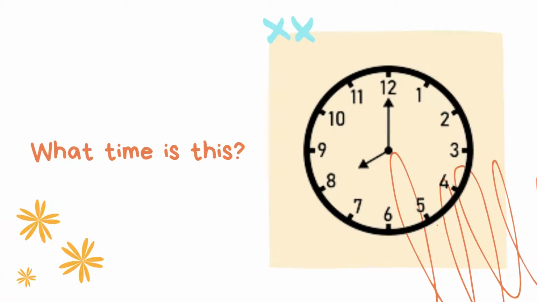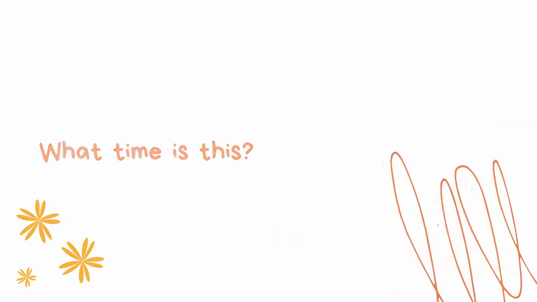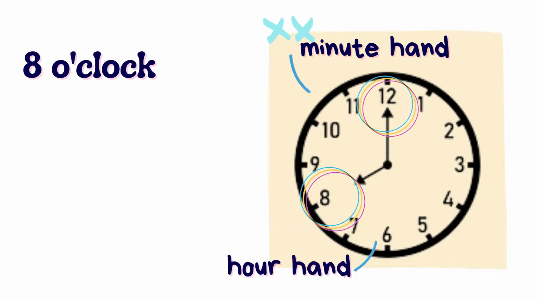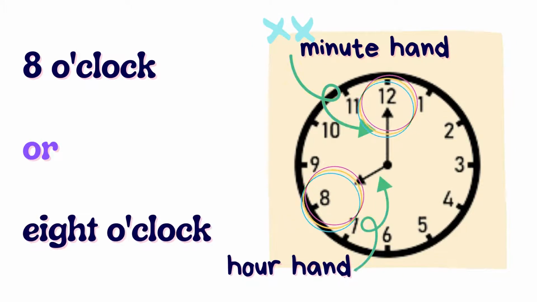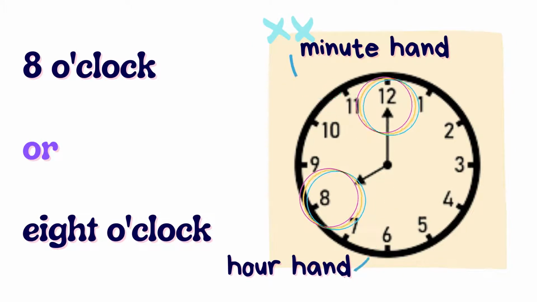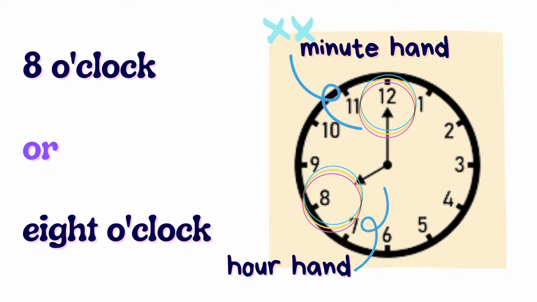How about this one? Can you tell what time this is? It's 8 o'clock, as the hour hand is pointing sharply to number 8 and the minute hand is pointing sharply to number 12.